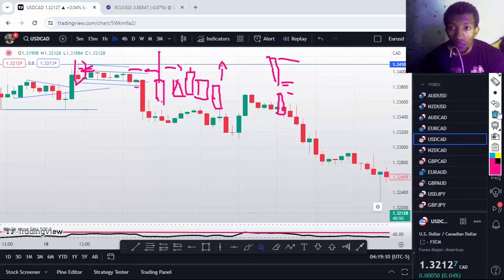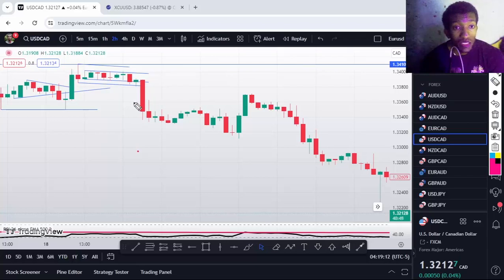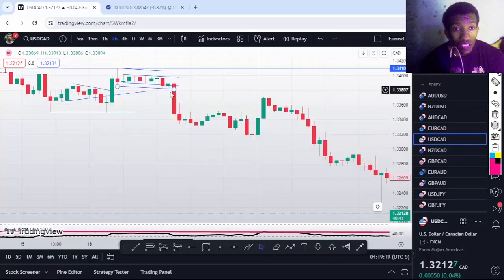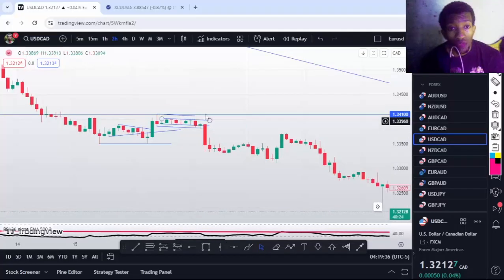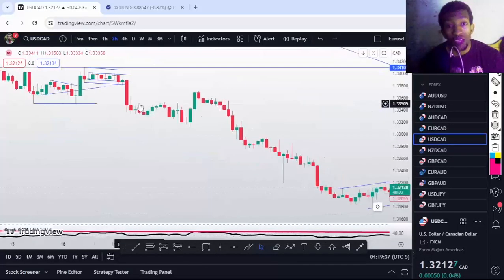That is what happened right here. So you would enter a trade right there, down there, not up there, okay? Because the price could just break this lower band and continue going up, and it could just be a buy.